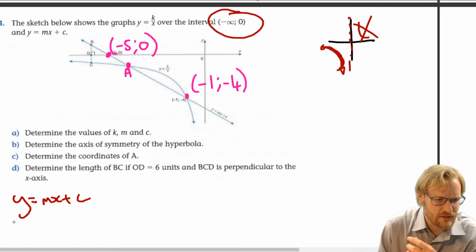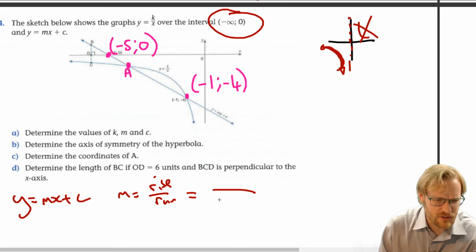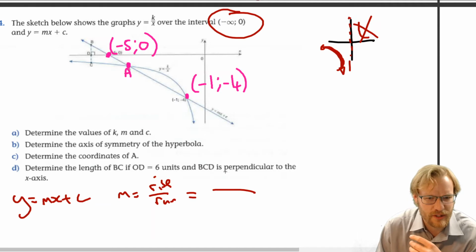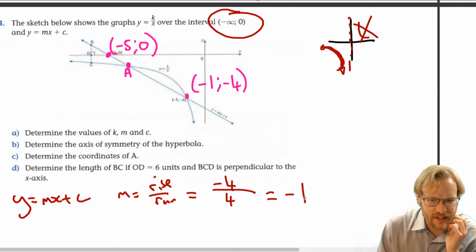So our gradient, m equals rise over run. I always start with the run. So we're running from -5 to -1, so we're running along by 4. And we're rising from 0 down to -4, so we're going -4. Therefore, our gradient is -1.